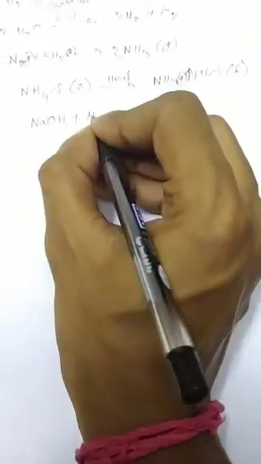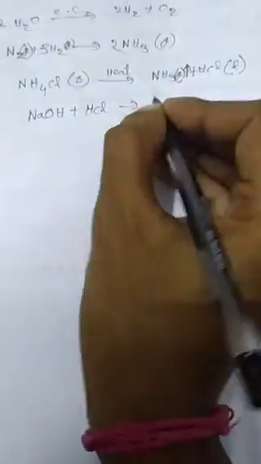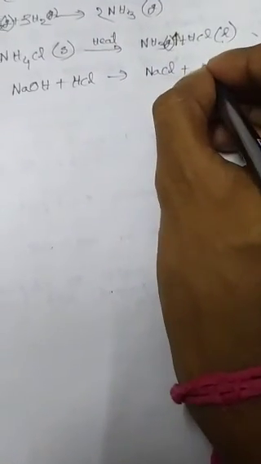Now release or evolution of heat also indicates a chemical reaction. For example, a reaction between hydrochloric acid and sodium hydroxide, NaOH. When NaOH reacts with hydrochloric acid, it forms NaCl, a salt, sodium chloride, plus H2O, water, and some amount of heat is also released.